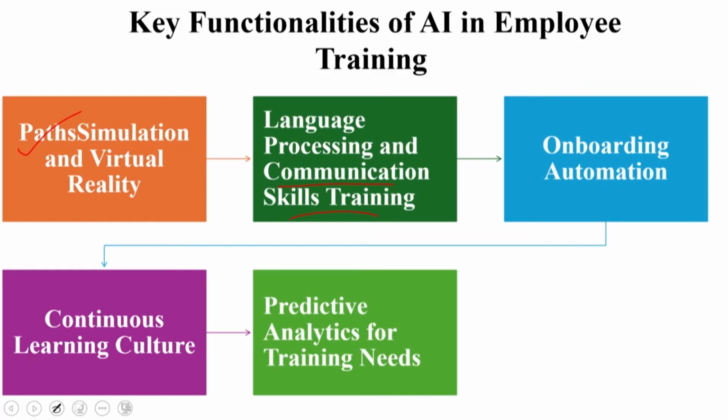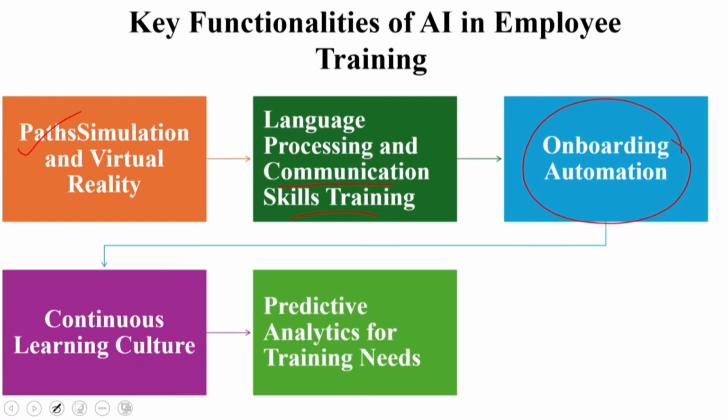There could be also a possibility of onboarding automation. When you're looking into onboarding automation, AI can streamline the onboarding process by automating administrative tasks, providing initial training materials and guiding new hires through the necessary steps to integrate into the company effectively. So when you are looking into specifically the onboarding automation aspect, continuous learning culture is also vital.